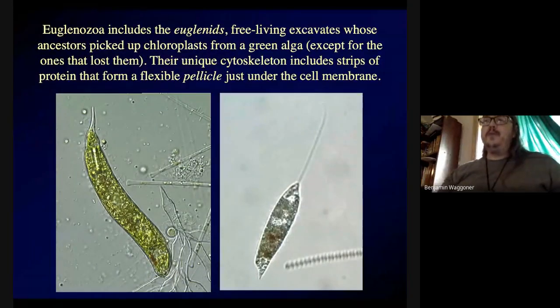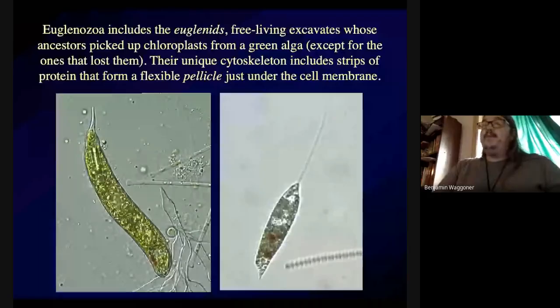That first group I mentioned, the Euglenozoa, includes free-living excavates called euglenids, whose ancestors picked up chloroplasts by engulfing a green alga. And these are pretty common in fresh water. They swim actively.